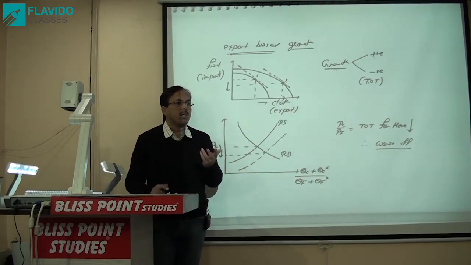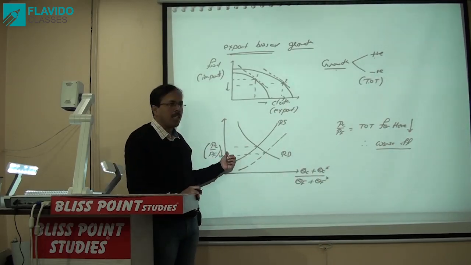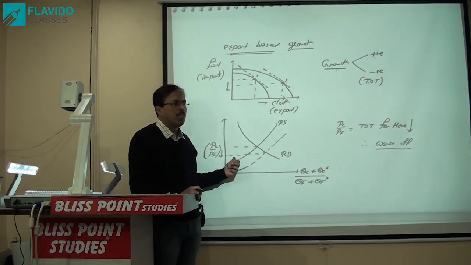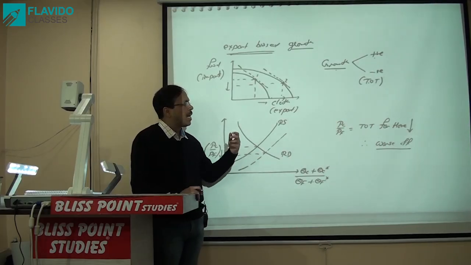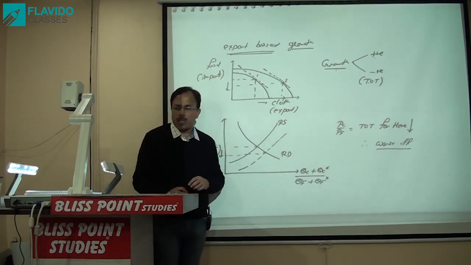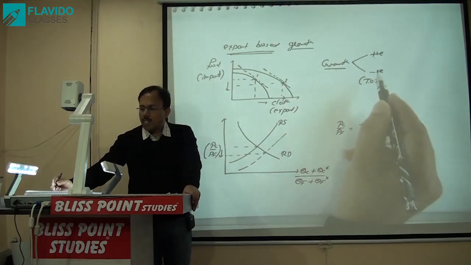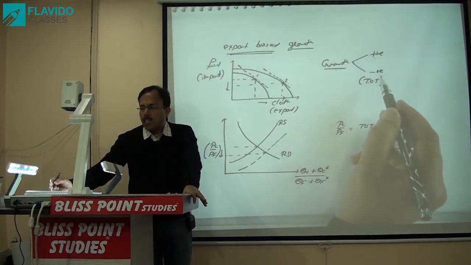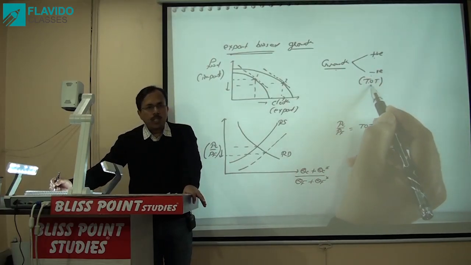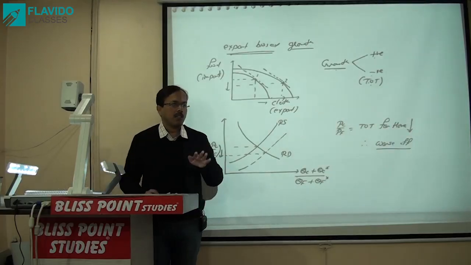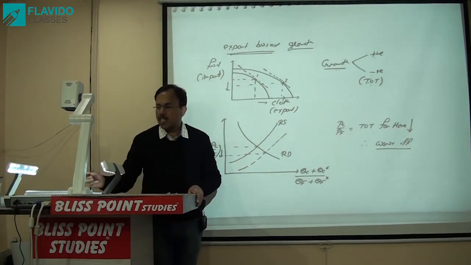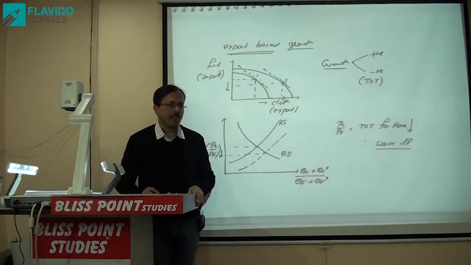But because of more supply of that good, the price of that good in the international market reduces, which is unfavorable. So due to the reduction of TOT, the welfare is declining. But remember, the decline of TOT has to be very high. Only then will this negative effect be greater than the positive effect.